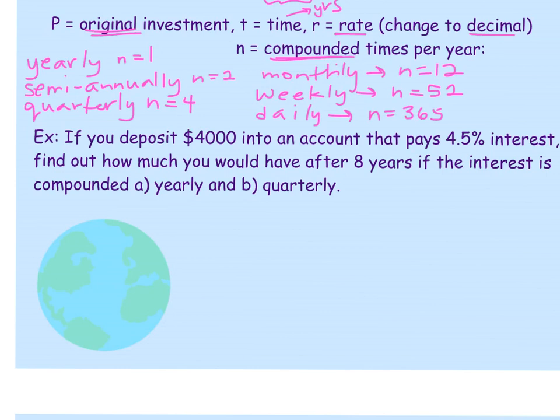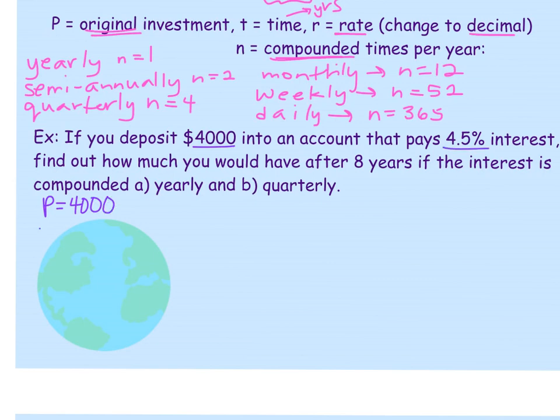If you deposit $4,000 into an account that pays 4.5% interest, find out how much you would have after 8 years if the interest is compounded yearly, and then if the interest is compounded quarterly. So the things that we know: capital P is our original amount, and that's our $4,000. It says pays 4.5% interest.